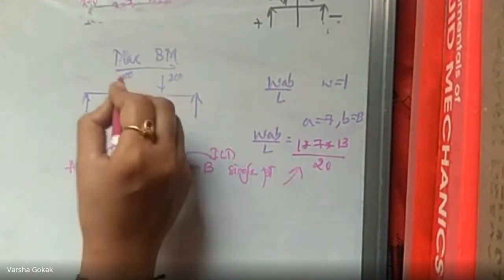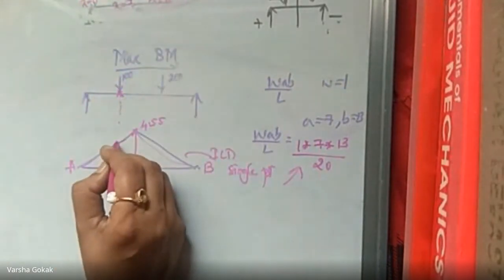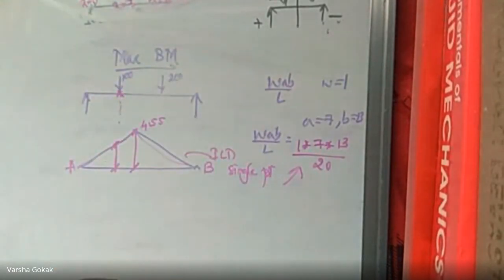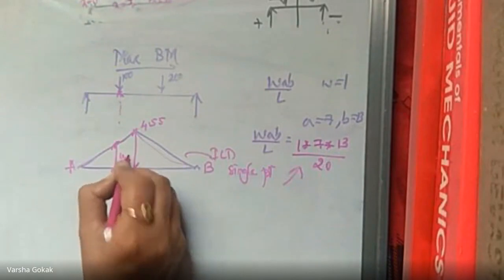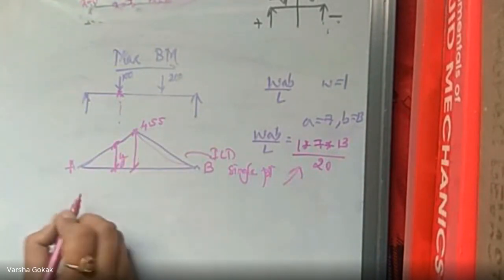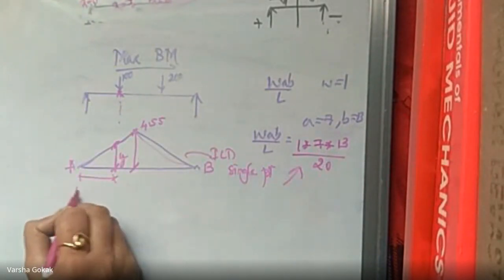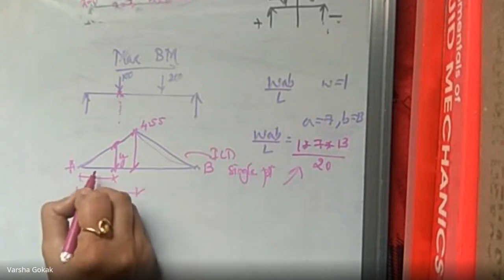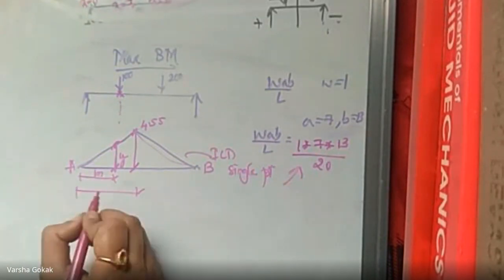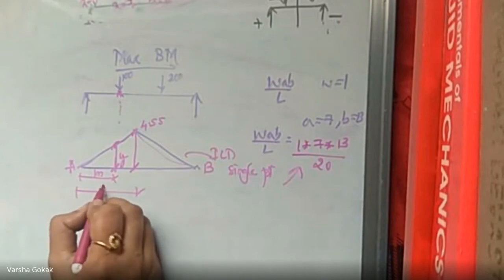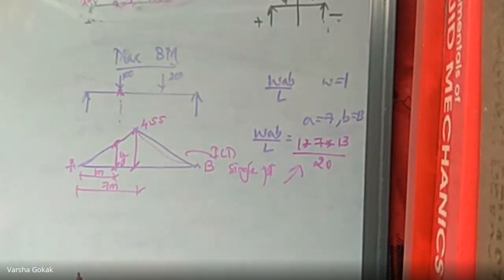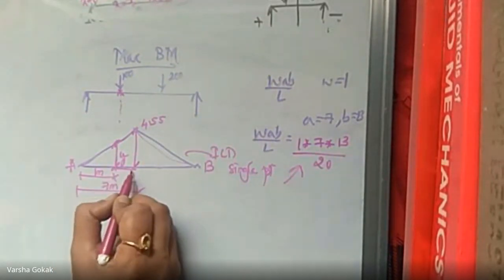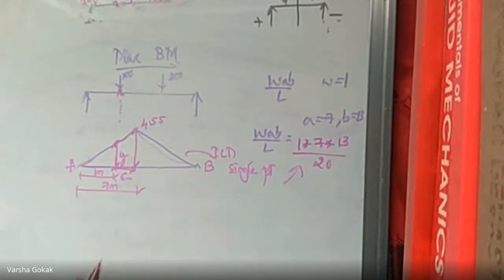Once I draw that, based on our given beam now, I need to get this ordinate. Let us call this ordinate Y. 4.55 we know. What is this distance and what is this distance? We will take it as 1 meter, and 1 plus 6 would be 7 meters, because this is always going to be 6 distance between these two.